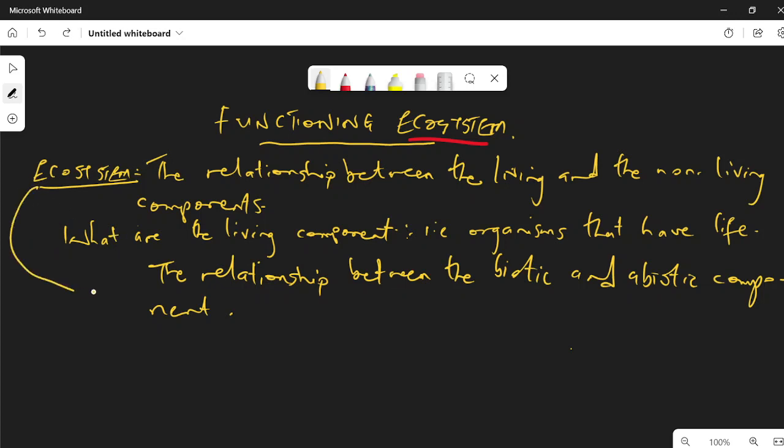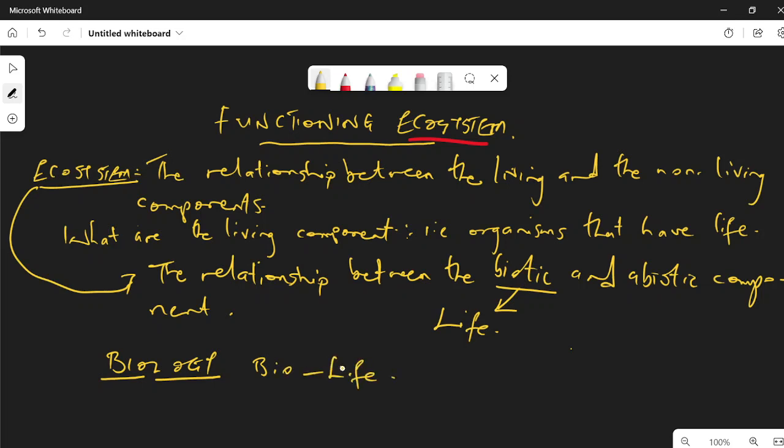So this biotic here that we made mention of is also what we refer to as life. You know, biology is divided into two words, bio and logy. The bio there means life.